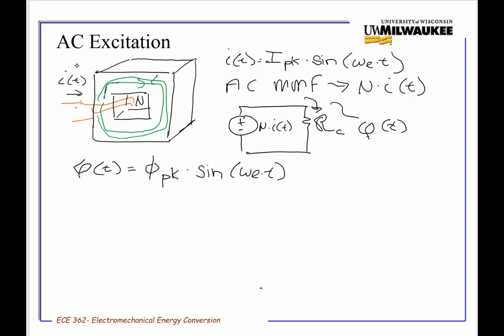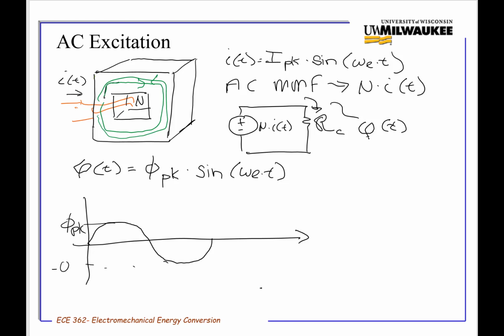So it's going back and forth, and it's sweeping up to plus phi peak and down to minus phi peak. So what you have is sinusoidal excitation. I cannot draw a sine wave very well here. Okay, so there's one cycle of it. Phi peak, minus phi peak.